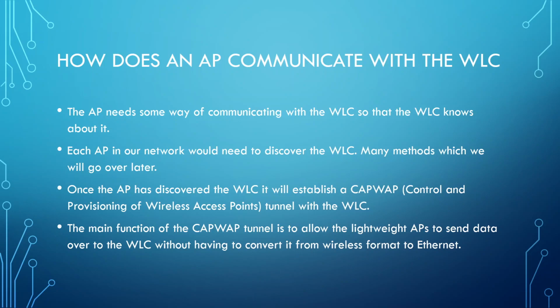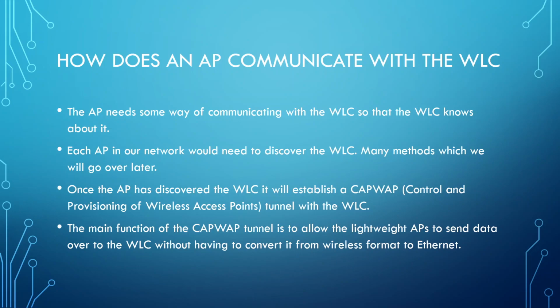The other function is so that the access point can send data to the wireless LAN controller. I know what you guys are thinking. You're thinking, okay, I know that the wireless LAN controller is responsible for bridging wireless to wired. However, how does the AP actually get that data in the wireless format over to the wireless LAN controller?